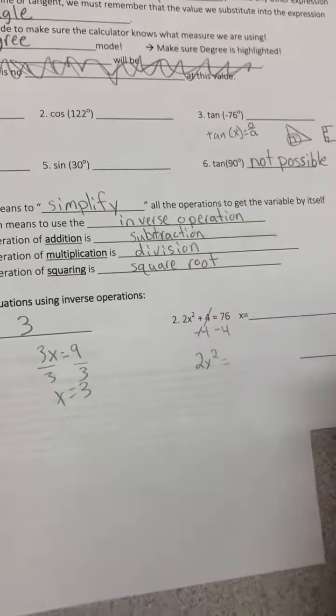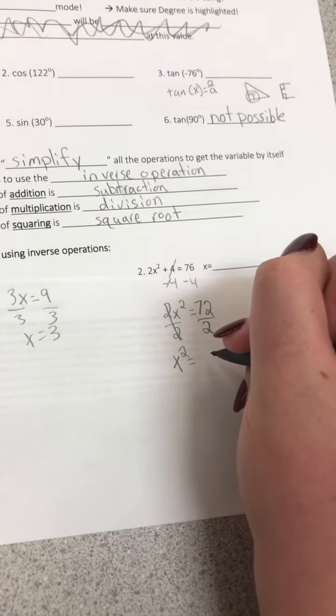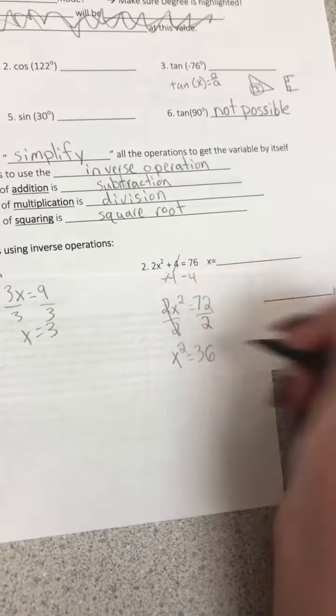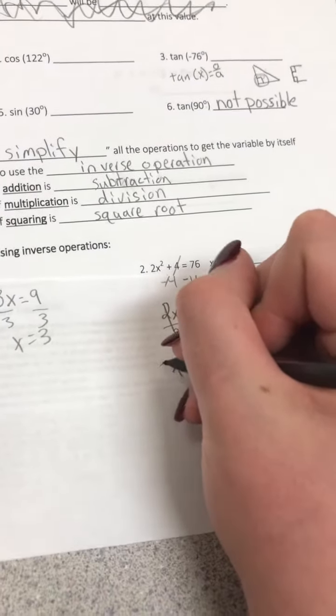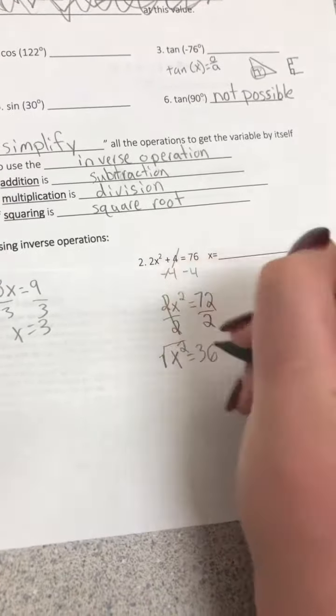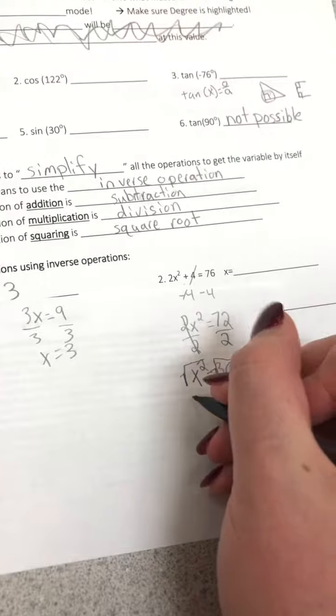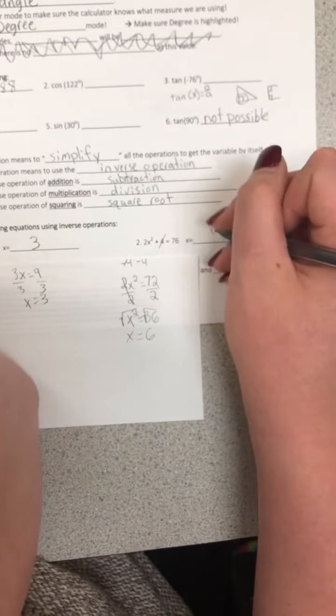I'm left with x squared equals 36. And then I'm getting rid of the square by square rooting it. And I get x equals 6. So that is my answer.